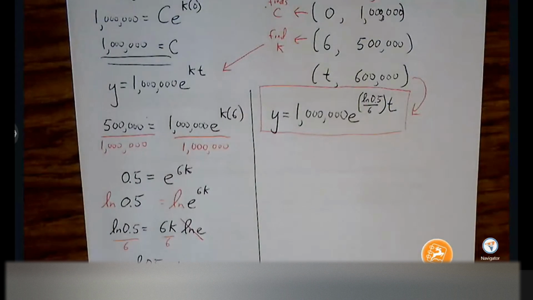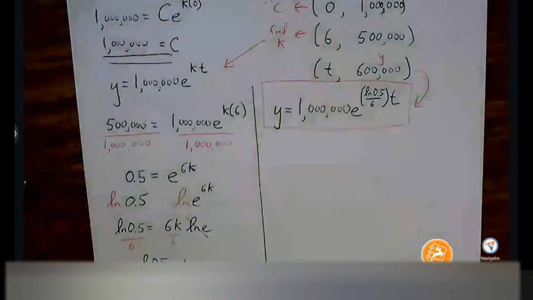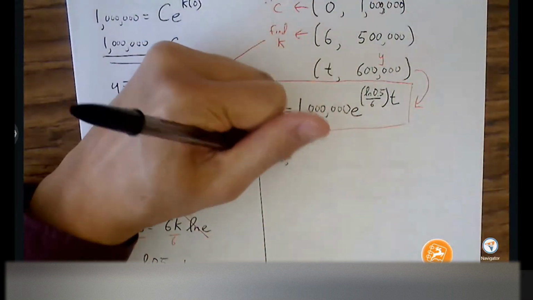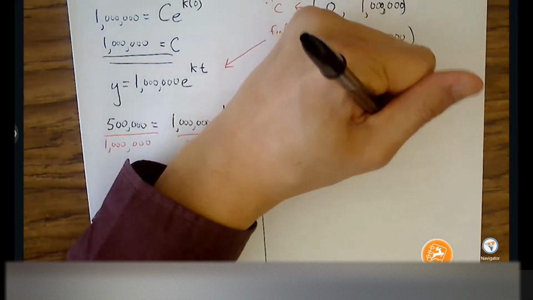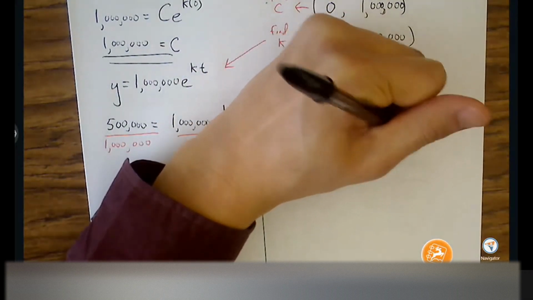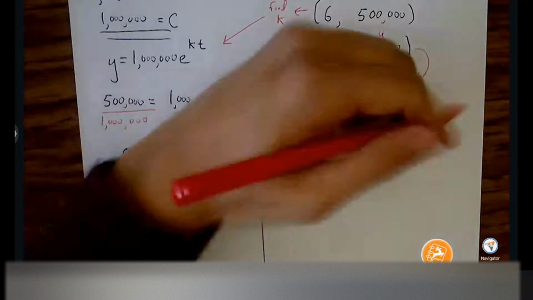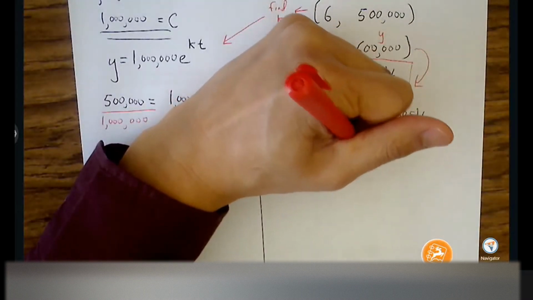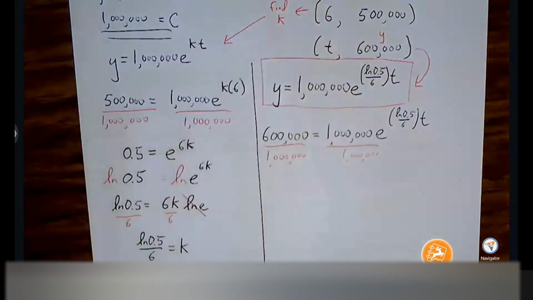We can find out using this equation how long it will take before 600,000 of oil remains in the well. So 600,000 in for y, and then I can solve for t. Okay, divide both sides by 1,000,000. Same process as before, right? Natural log, and then we can solve for t.